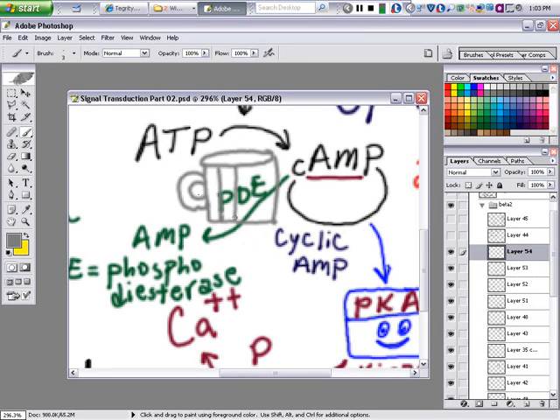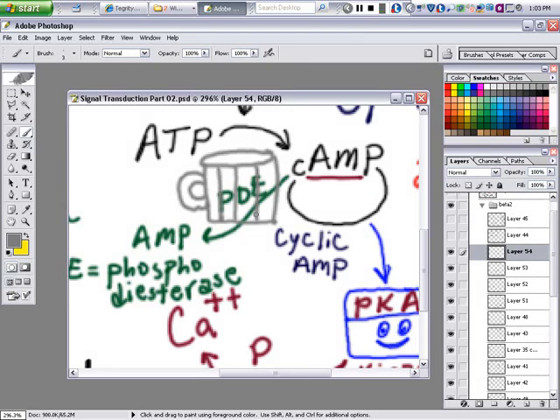This chemical blocks the action of the phosphodiesterase, and now the phosphodiesterase can't convert the cyclic AMP to AMP, and so it keeps your heart rate elevated.